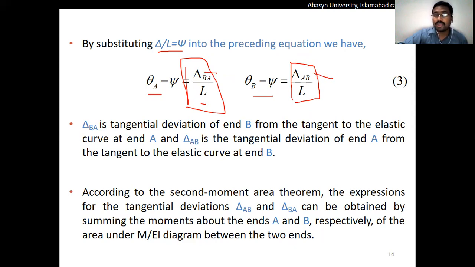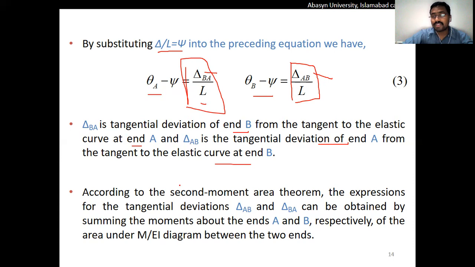One is the deformation at end B and the other is the deformation at end A. So we cannot compare these equations as they are. So keep these equations as they are. And delta BA is the tangential deviation of end B from the tangent to the elastic curve at end A, as already mentioned, and delta AB is the deviation at end A in the elastic frame member AB from the tangent at point B.